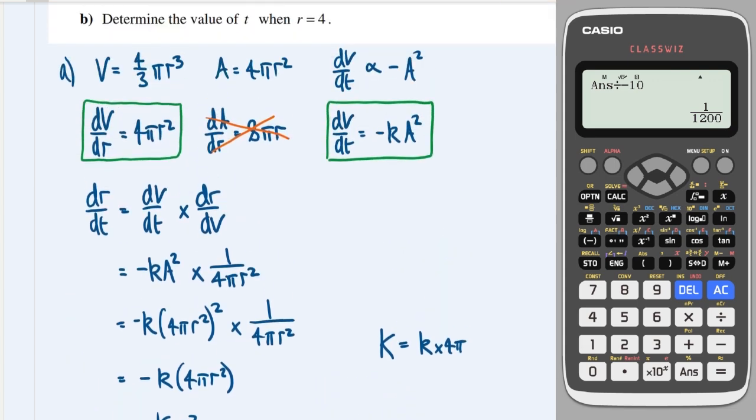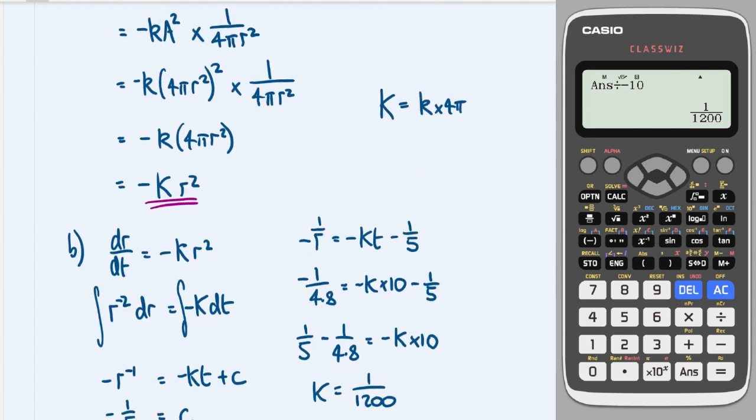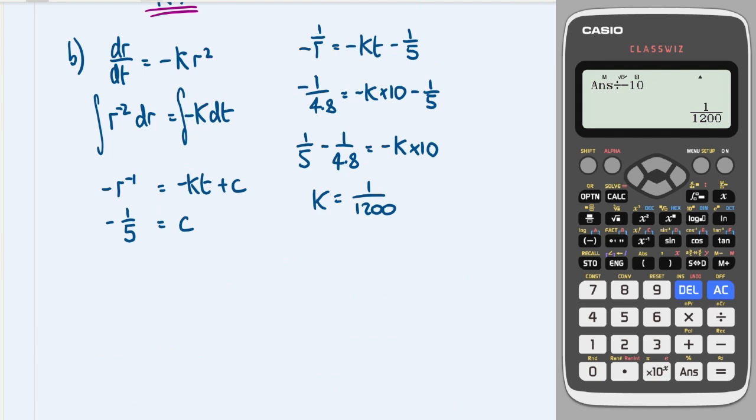Okay, so I've got a full equation now, and I'm just asked to work out t when r is 4. So my full equation is -1 over r = -1 over 1200 t - 1 over 5. I will just turn everything positive, just to make it slightly easier, and I will sub in r = 4.